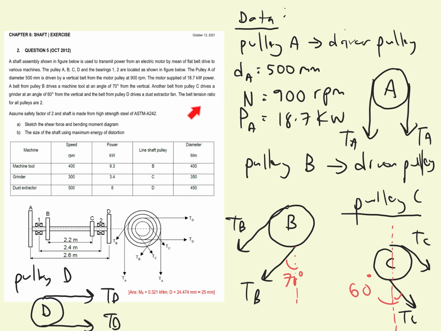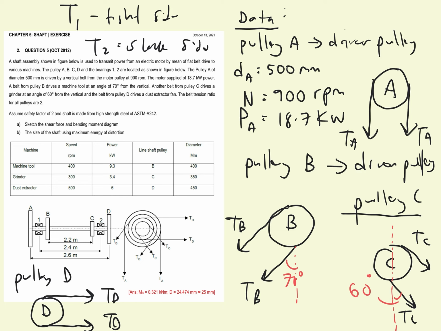Given also that the belt tension ratio for all pulleys is 2, let's say T1 is the tight side and T2 is the slack side.